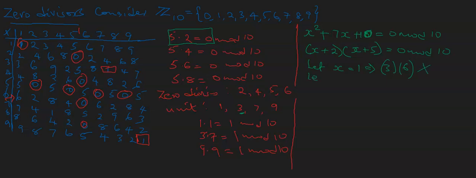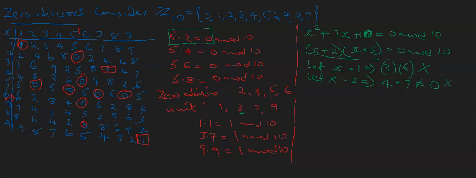If we let x be 2, then we shall have 4 times 7. 4 times 7 again is not equal to 0 mod 10.